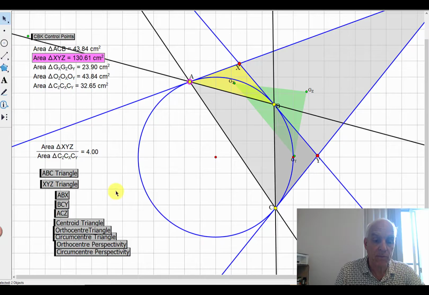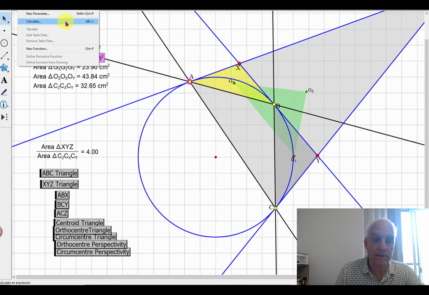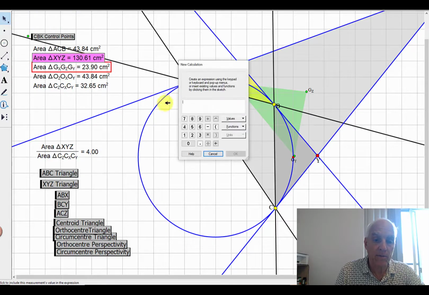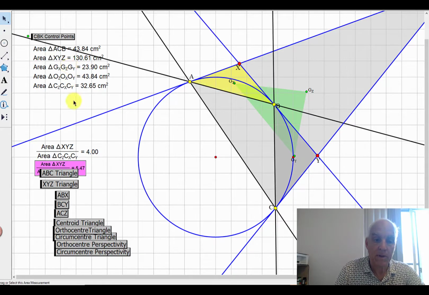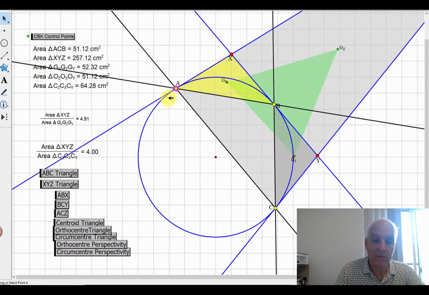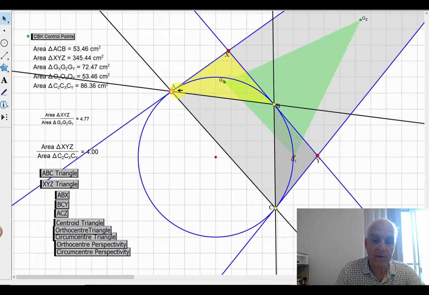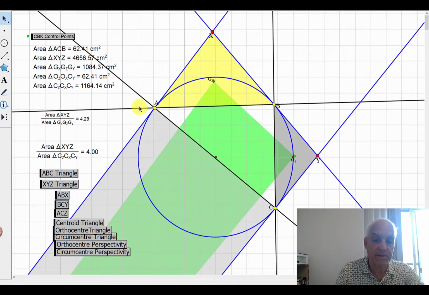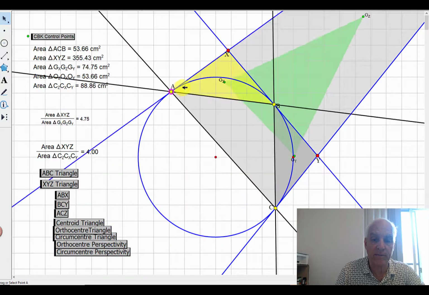So one thing I could do is calculate this thing here divided by this thing. There it is there. We get 5.47. And as we move things around, we see that that ratio is changing. So that's not that interesting. Fine.